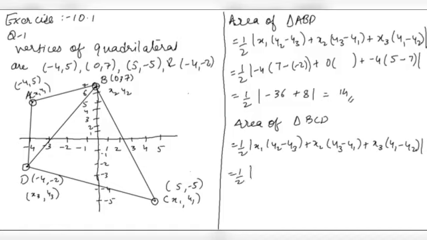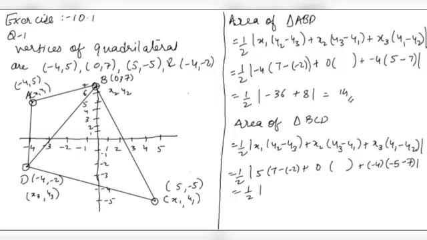So half x1 times (y2 minus y3) plus x2, 0 multiplied by anything is 0, and x3 (y1 minus y2).